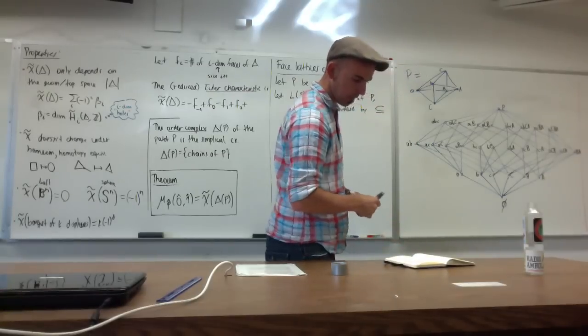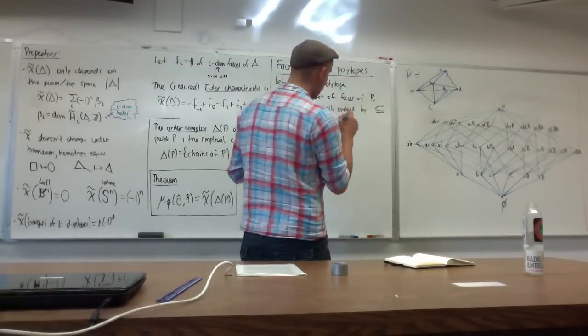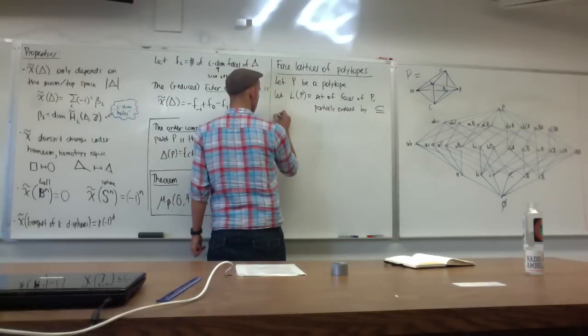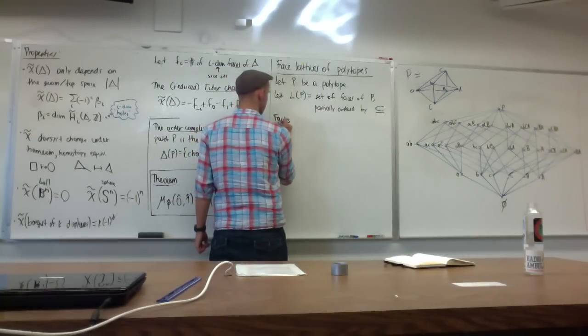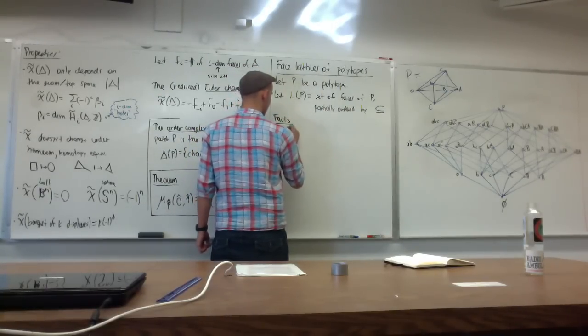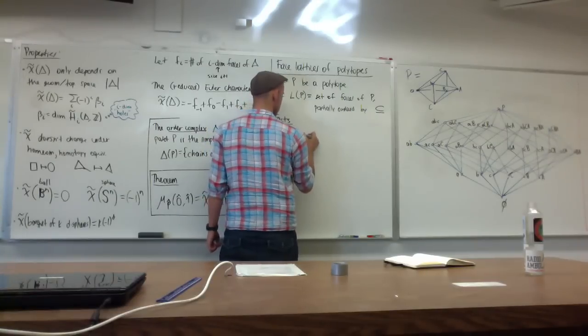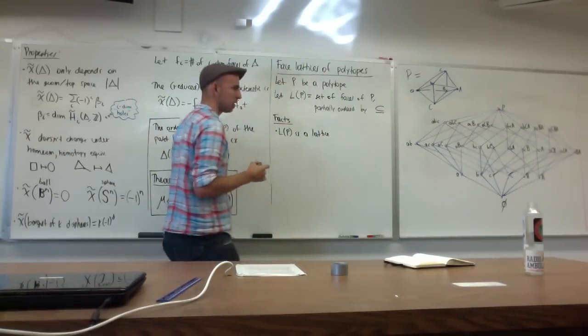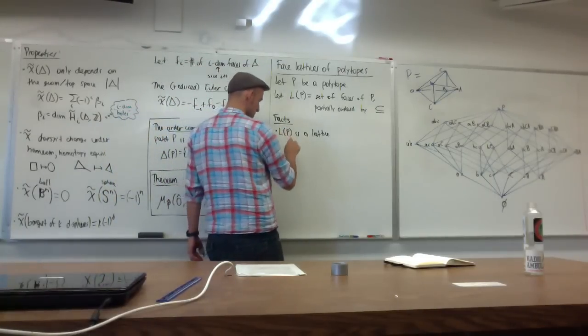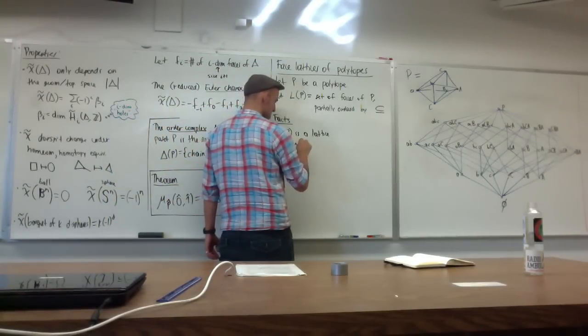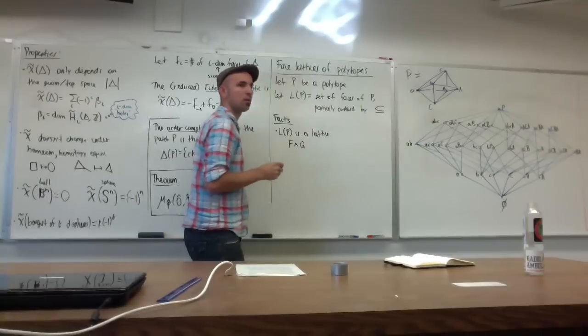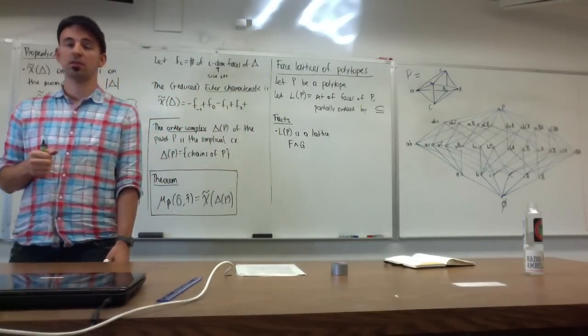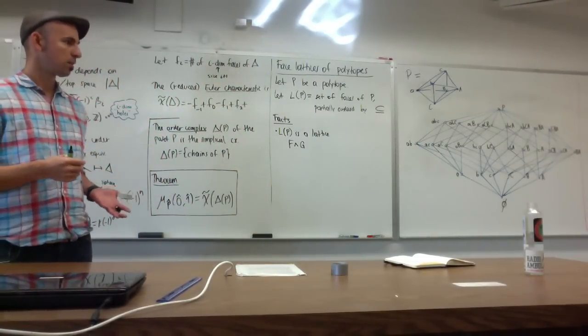Now, here are some facts about it. This is a lattice, actually. Meaning that if I have 2 faces, F and G, then there should be a greatest lower bound for them.